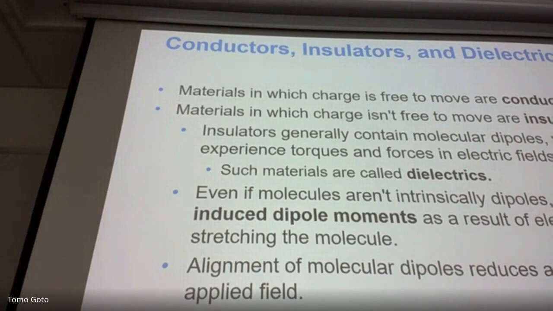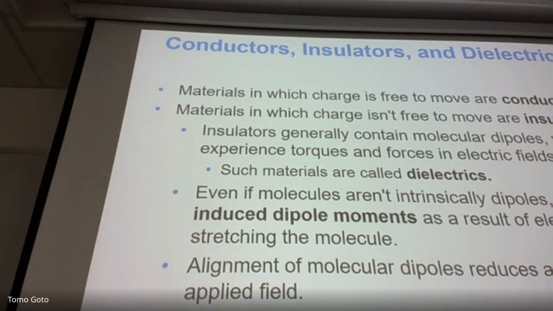And if the material is one in which charge cannot move, it's an insulator. For example, a rubber band. The electrons cannot move in the rubber band, right? So these are insulators. Insulators generally contain molecular dipoles, which explain torques and forces in an electric field.